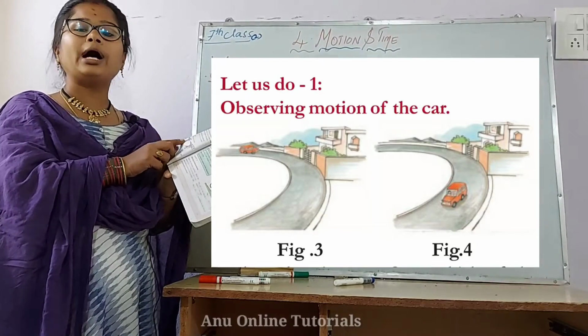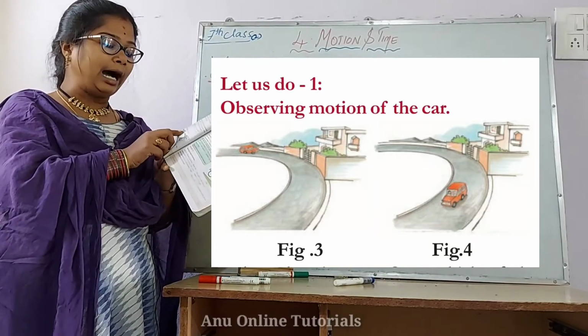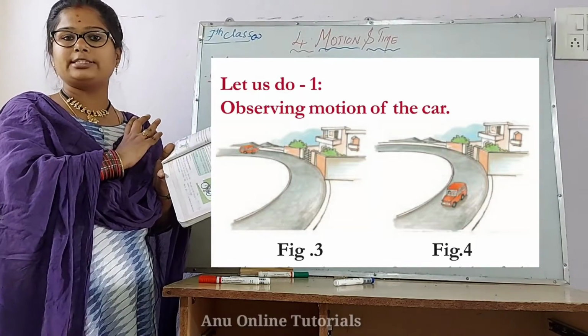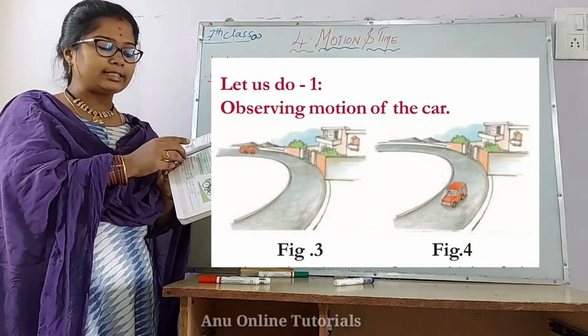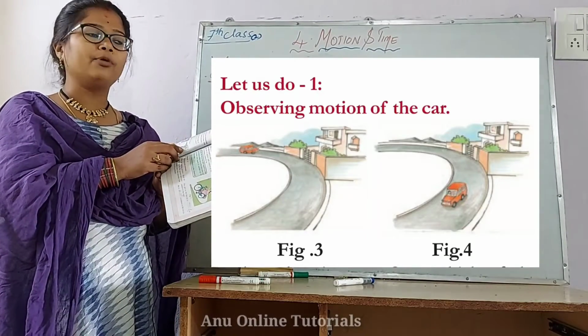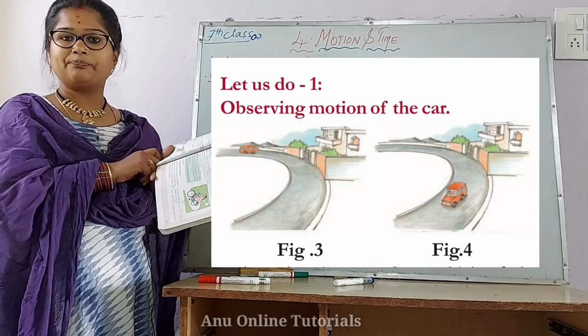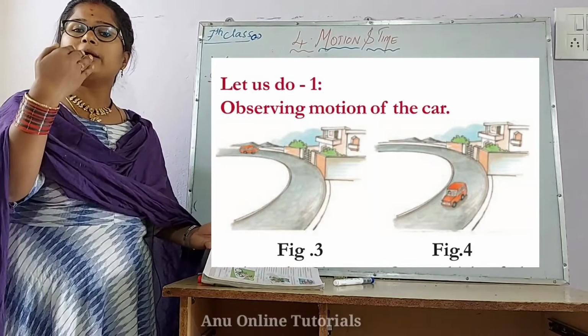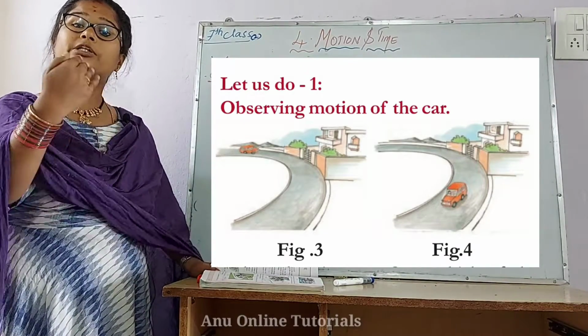In picture 1 it is shown that the car is to the left of the building, and in the second case the car has moved to the right of the building. Means the building has changed its position with respect to the car.